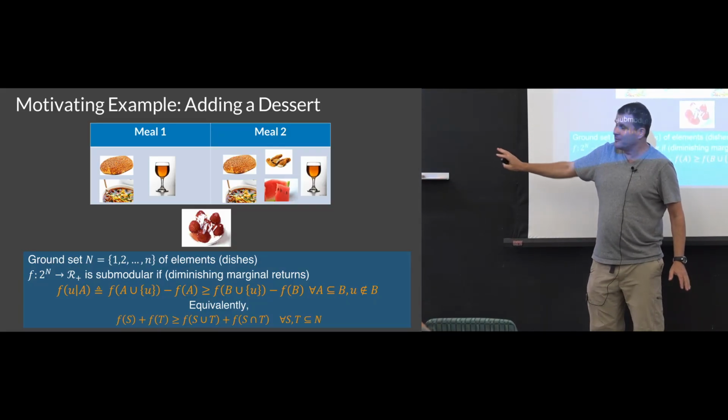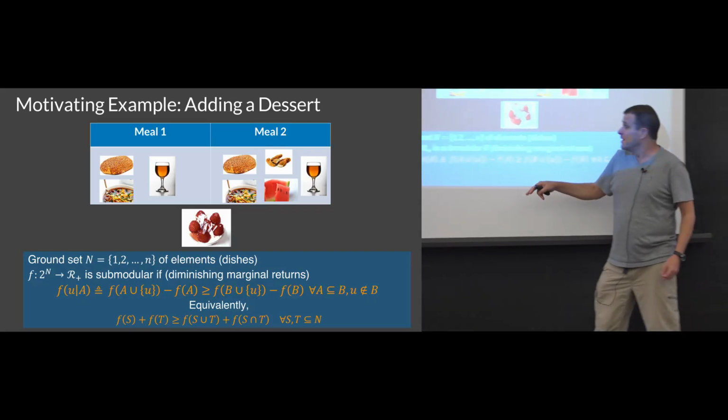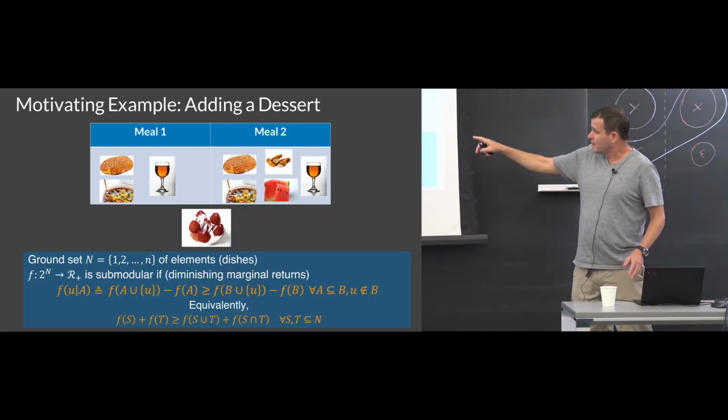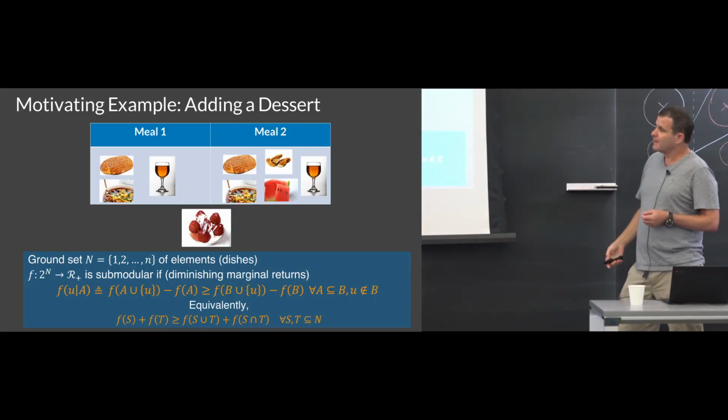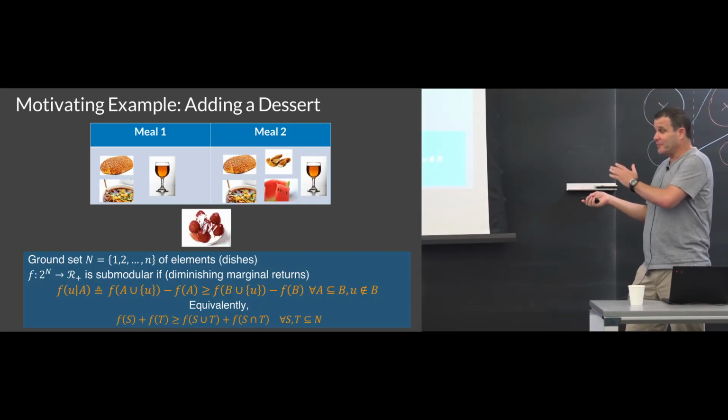This is the drawing that you should have in mind, and this is the marking of the marginal contribution, or added value, of element u to subset A. This is my definition of submodular.